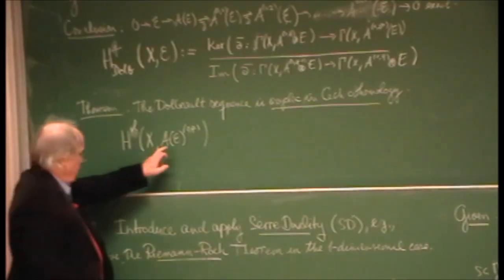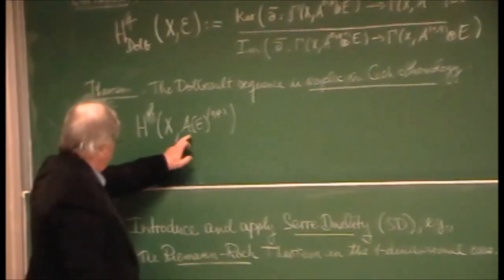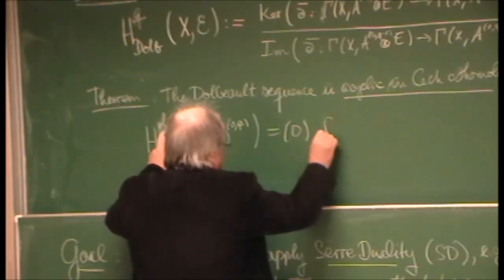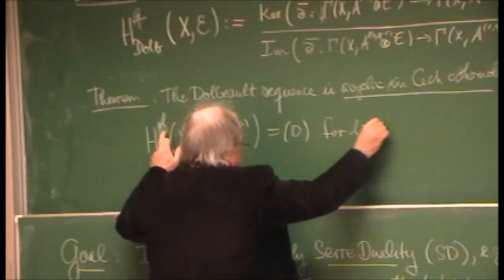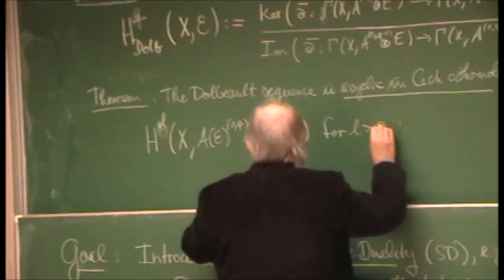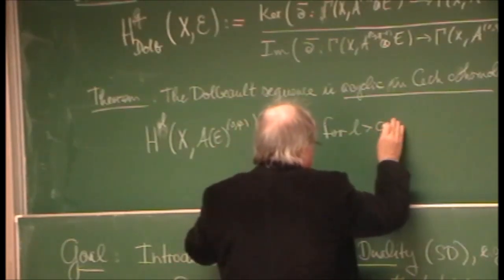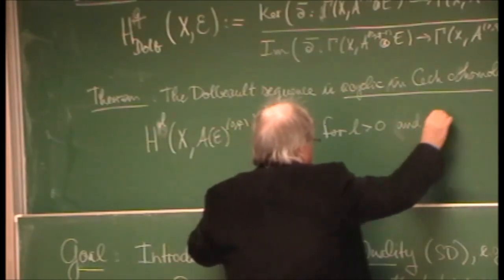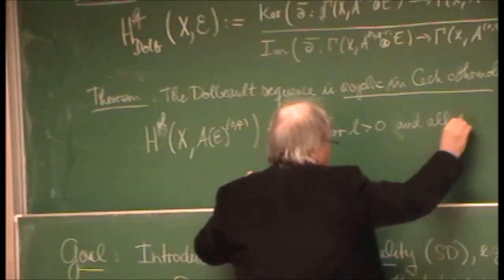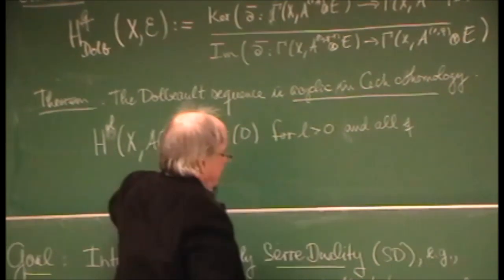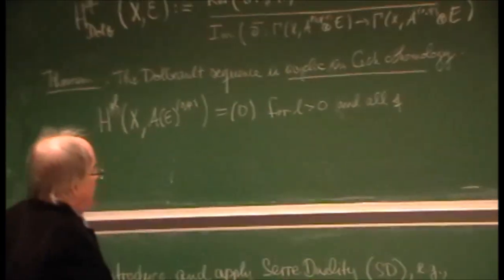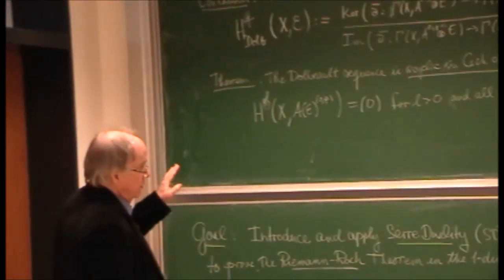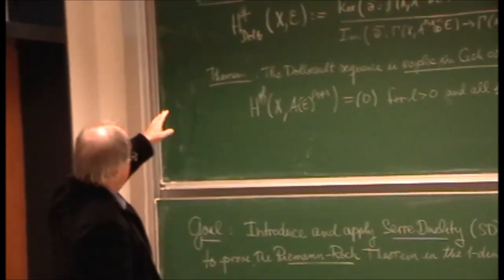So if you use C infinity things, all of these cohomologies vanish for l positive, and also. So this is what you will see. This is what you want. It's a theory that works always.